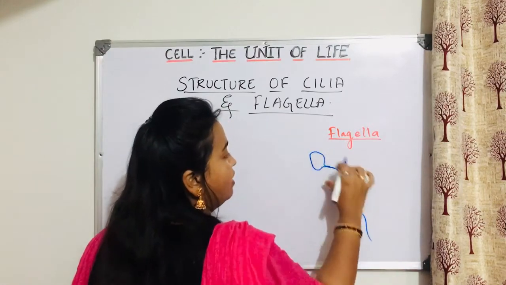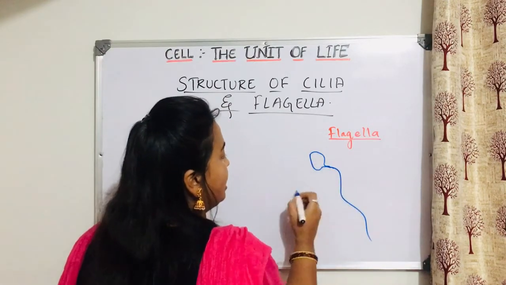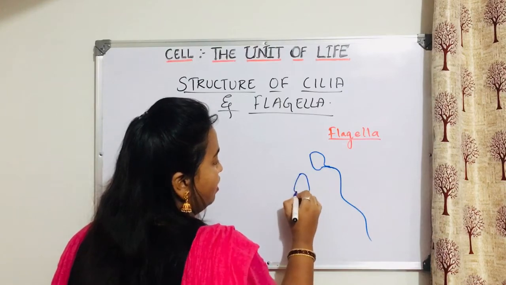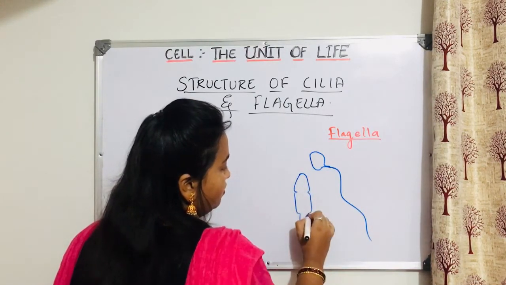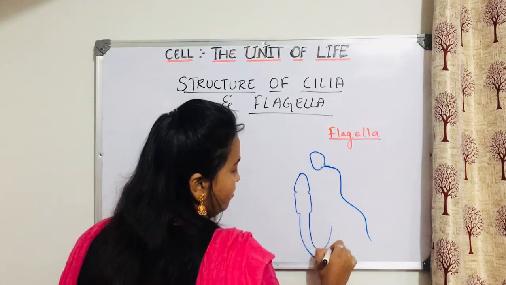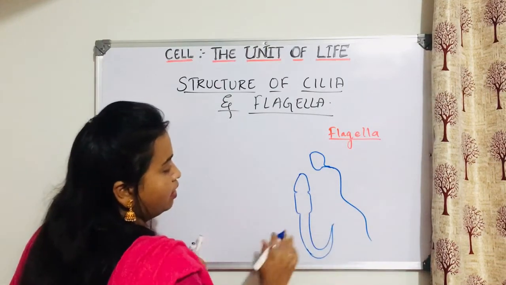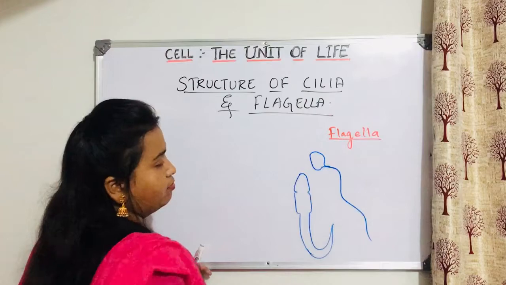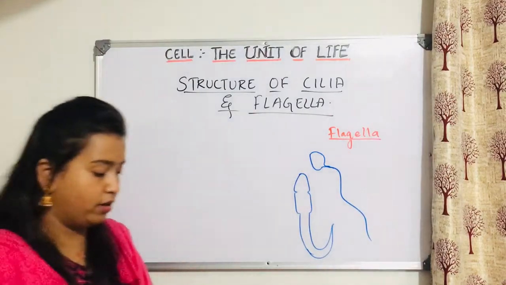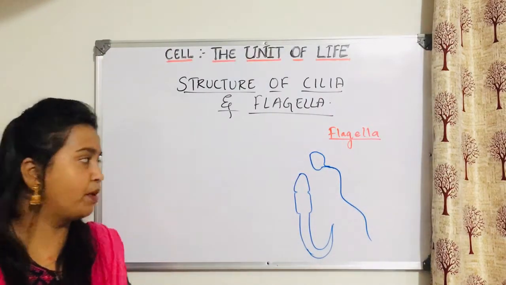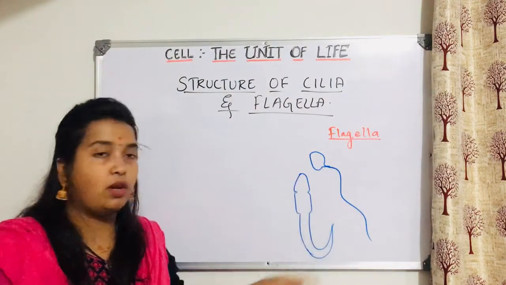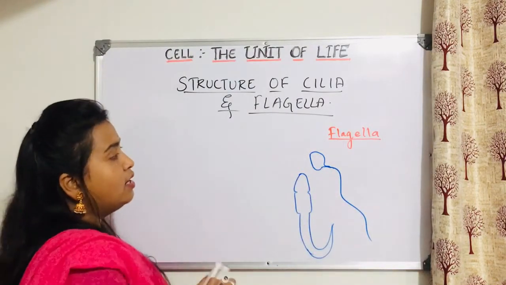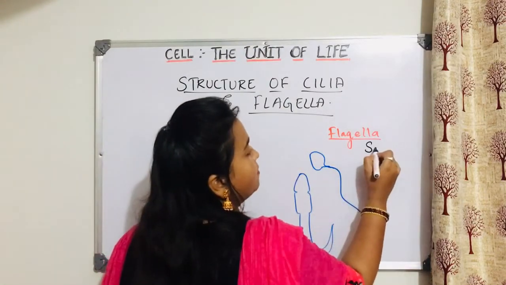Head, neck and tail. Usually you will draw it like this, right? Like this. This is what I'm showing in a microscopic view. If you see it under an electron microscope, it looks like this, but usually it looks like this. So what are these both? These are nothing but human sperms.